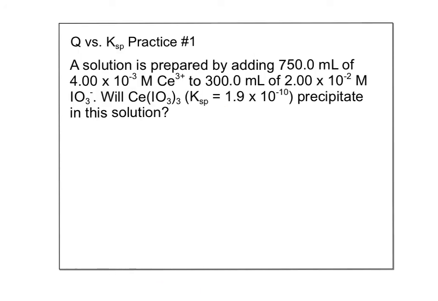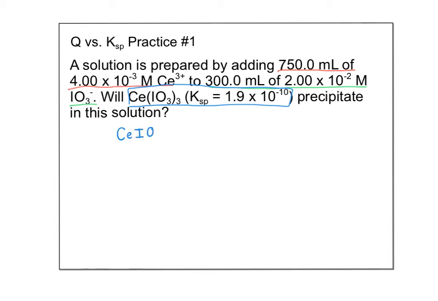So let's actually try one of these problems here. It says that we have 750 mL of Ce3+, and they give me the concentration, added to 300 mL of a certain concentration of IO3 minus. They want me to say if the CeIO3, which they've provided the KSP for, will precipitate. First, I'm going to write this reaction.